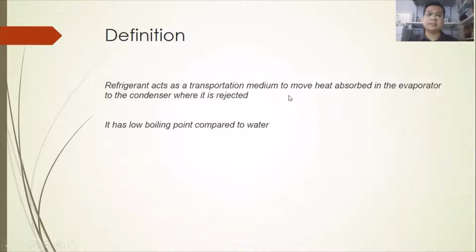An example is the refrigerator, the fridge. How about the boiling point compared to water? It should also be lower than water, because if it is as high as water, it is very difficult to transport the temperature, right?